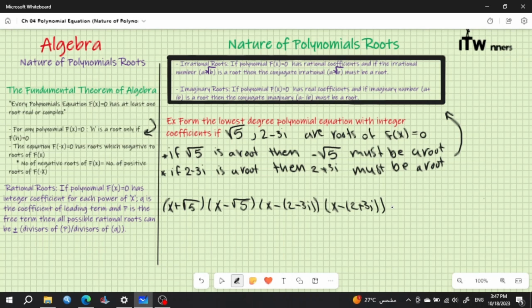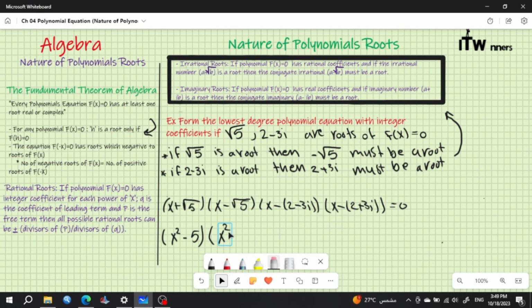Okay, so we have here from these two brackets we can obtain that x square minus square root of 5 squared is 5.